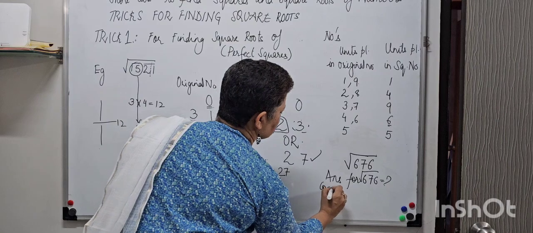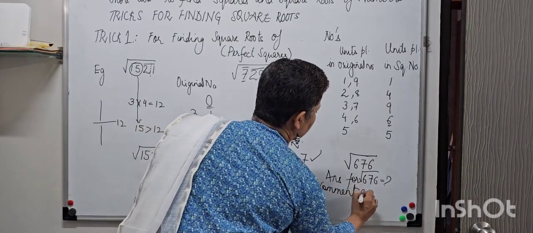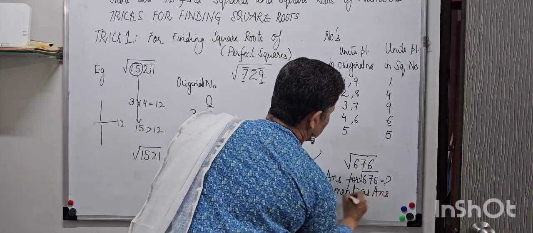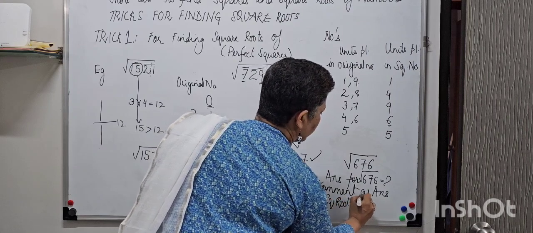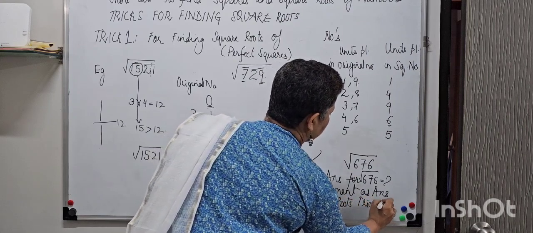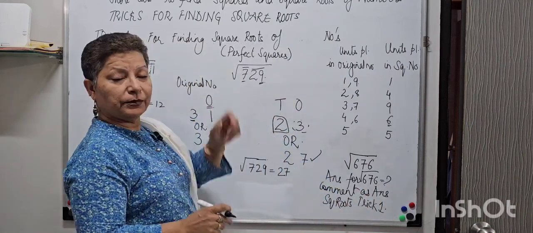Comment as answer square roots trick 1. And trick 1, if you remember, it was for perfect squares.